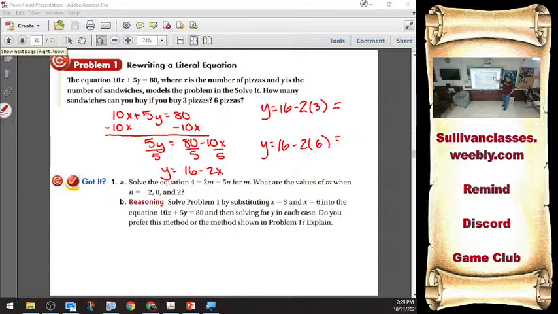So, 2 by 3 is? 16 minus 6 is? 10. 2 by 6 is? 12. 16 minus 12 is? 4.